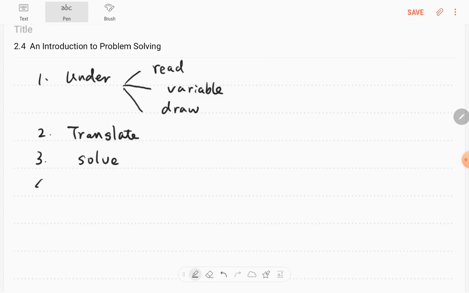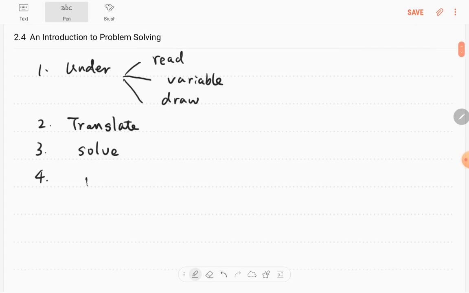So after that, because it's a word problem, we need to interpret the result and also check the solution.